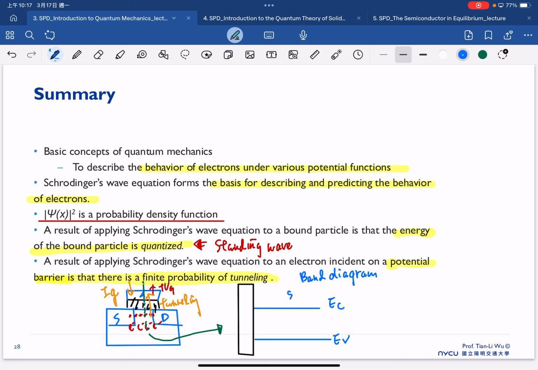So in the case of silicon, what we already know before is that silicon has a band gap. This is a band gap which is around 1.1 electron volt. And another is the dielectric.